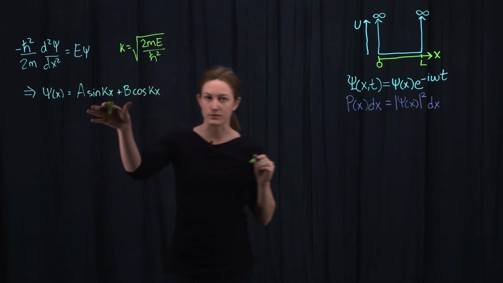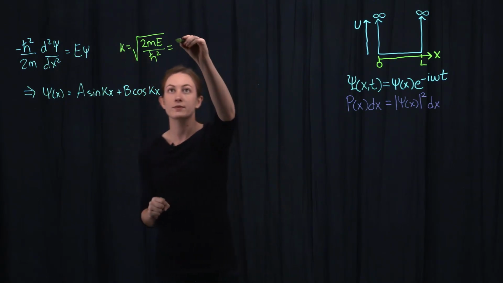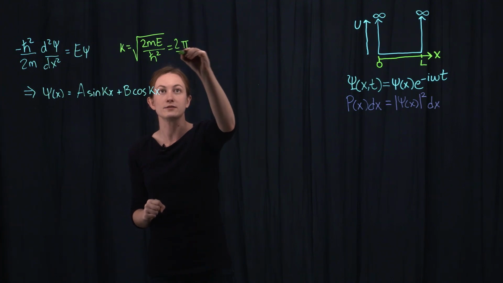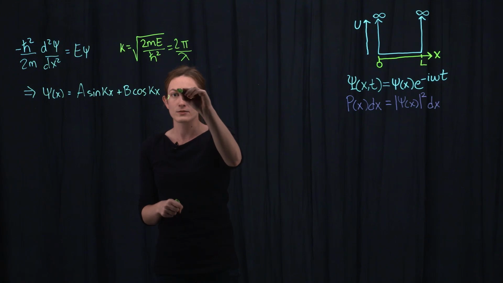It's the wave number of the particle, and so it's also related to the de Broglie wavelength of the particle, k equals 2 pi over lambda. And of course, this only holds for x between 0 and L.